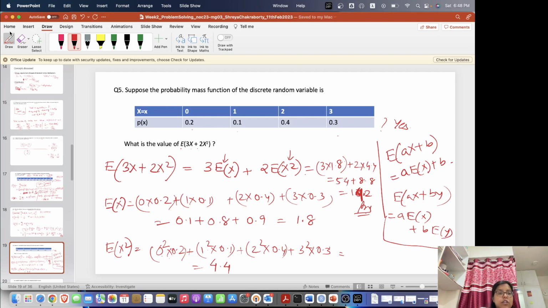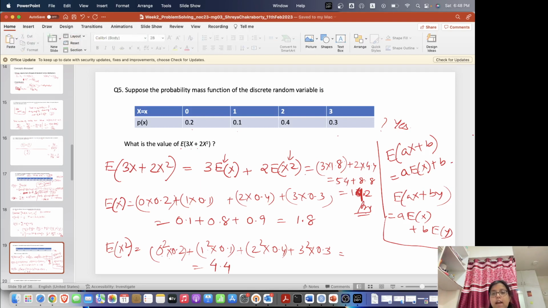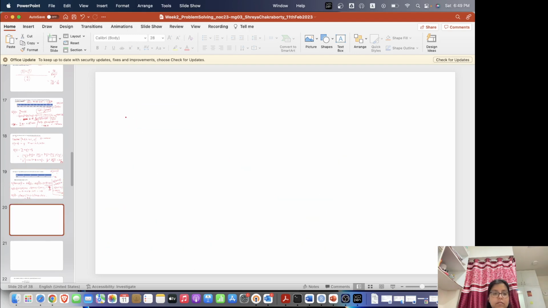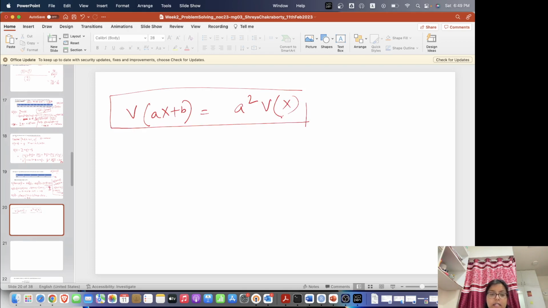Now, as an additional tag question, if I ask you what is the variance of 3x plus 2, then how are you going to solve this one? For variance, the formula is variance of ax plus b is a square variance of x. So it is affected by scale.